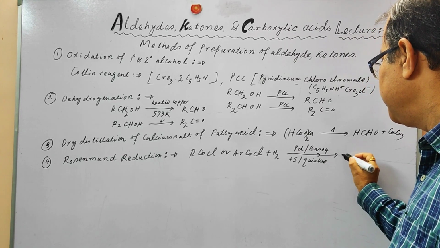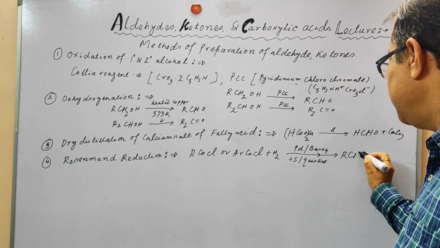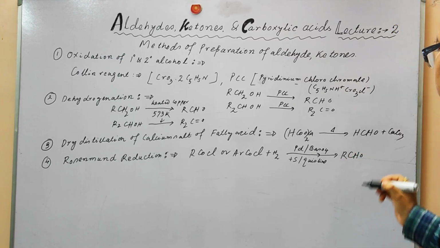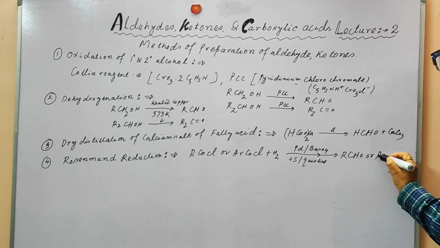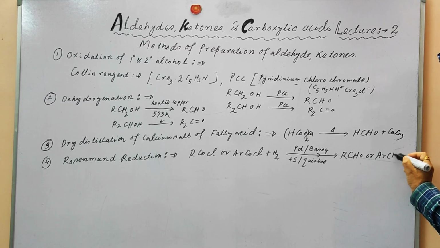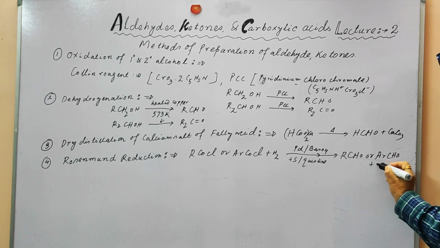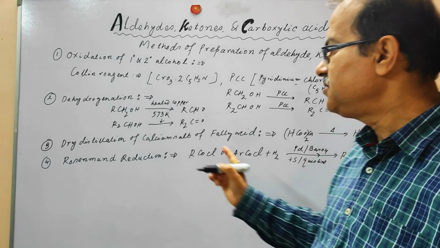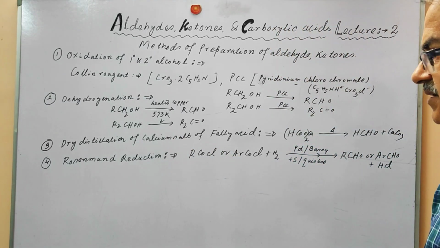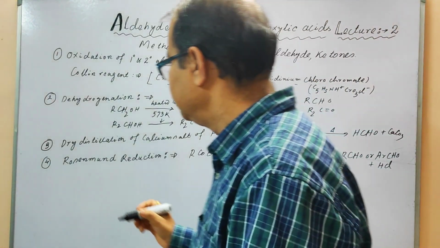So it will produce the aliphatic aldehyde, or the aromatic aldehyde, benzaldehyde, and it will produce HCl. Okay, this is the Rosenmund reduction, a very important reduction.